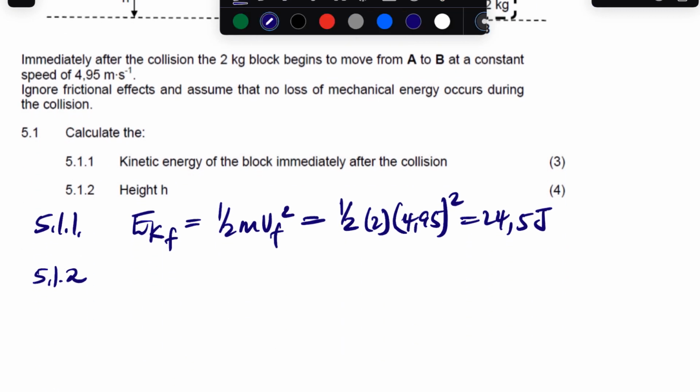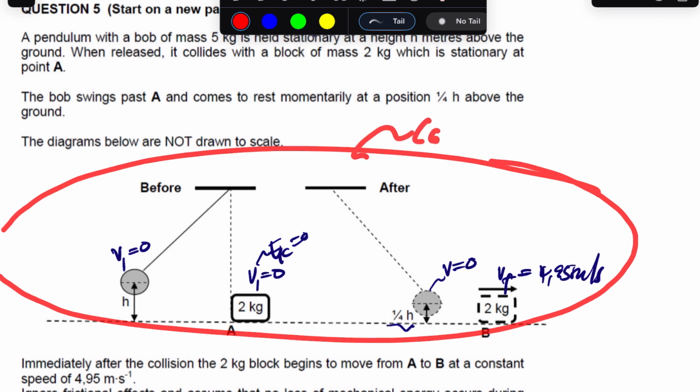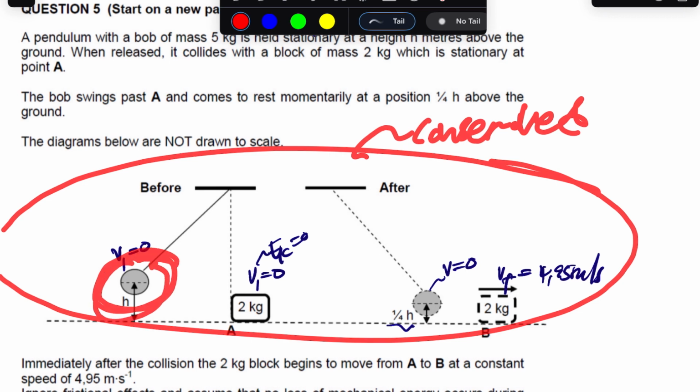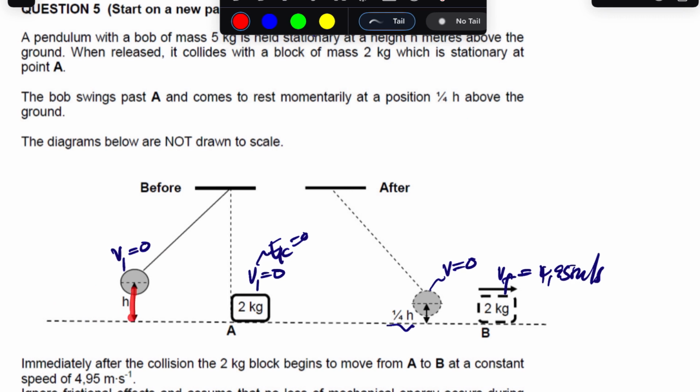So as I've mentioned before, in this system the energy is what is conserved, right? The pendulum bob loses energy through gravitational potential energy, because its height is h there, and then it decreases until zero.